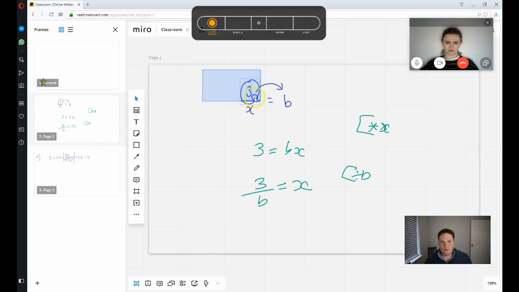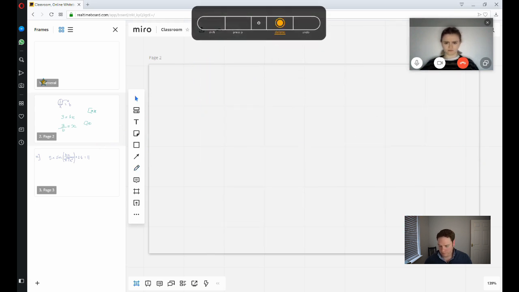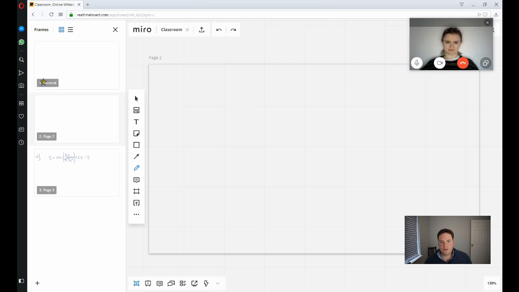Let me show you what I mean. Say you had 3 plus q over x equals d. I can just literally rip off the top, which is 3 plus q, and put it on top on the other side.